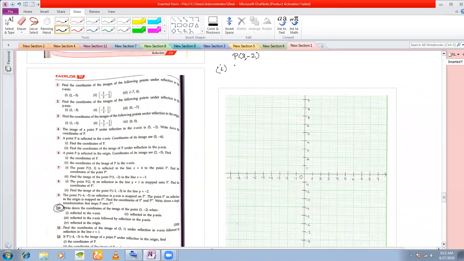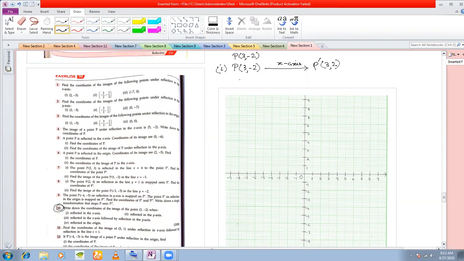So P(3, -2) when it is reflected in the x-axis transforms to a point, say, P dashed. And how will you get the image of this? When a point is reflected in the x-axis, we only change the sign of the y coordinate, giving (3, 2).